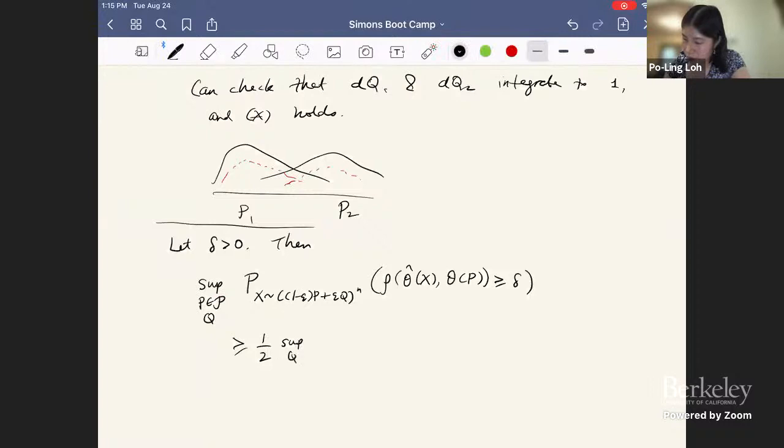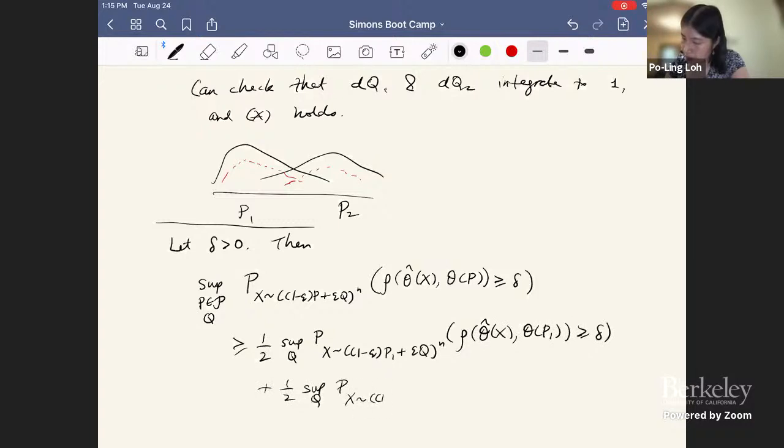So sup over Q of the probability X is coming from (1 minus epsilon) P1 plus epsilon Q to the N, rho of theta hat of X, theta of P1 bigger than or equal to delta, plus 1/2 sup over Q, probability of X coming from (1 minus epsilon) P2 plus epsilon Q to the N, rho of theta hat of X, theta of P2 bigger than or equal to delta.